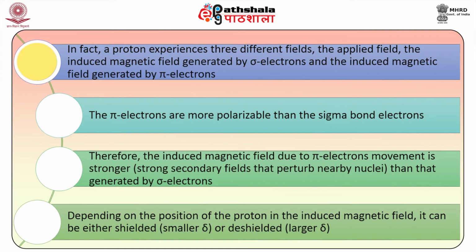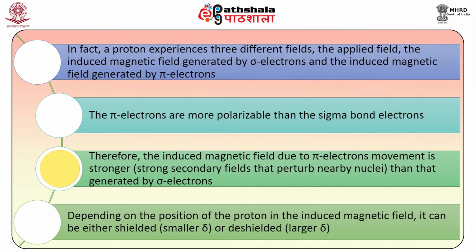In fact, a proton experiences three different fields: the applied field, the induced magnetic field generated by sigma electrons, and the induced magnetic field generated by pi electrons. The pi electrons are more polarizable than sigma bond electrons.